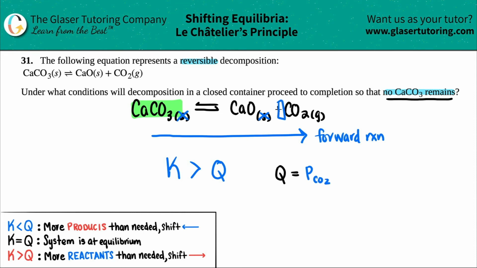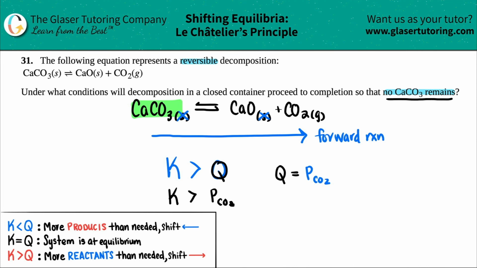There's no coefficient here, so I don't have to raise it to a power. So we need a condition in which K is greater than Q, which is the pressure of CO2.